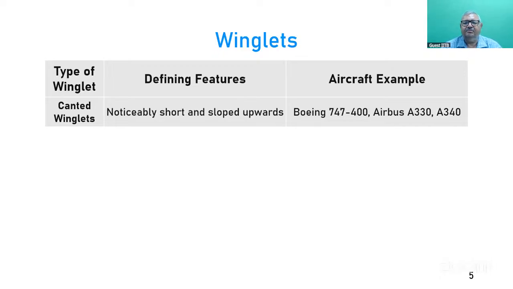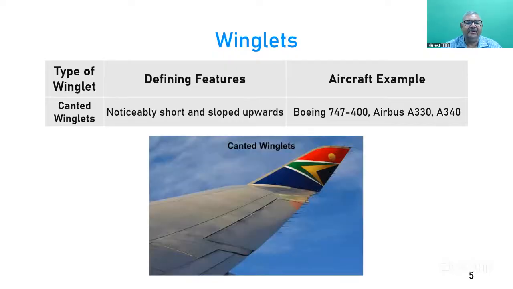And one of the most common types of wingtip is the canted winglet, shown in the figure. It's a very short winglet and it is sloping upwards. The aircraft that have this kind of winglet are both from the Boeing and the Airbus stable. The 747-400, the workhorse of passenger transportation in the world today, the largest aircraft just below Airbus A380 to operate.